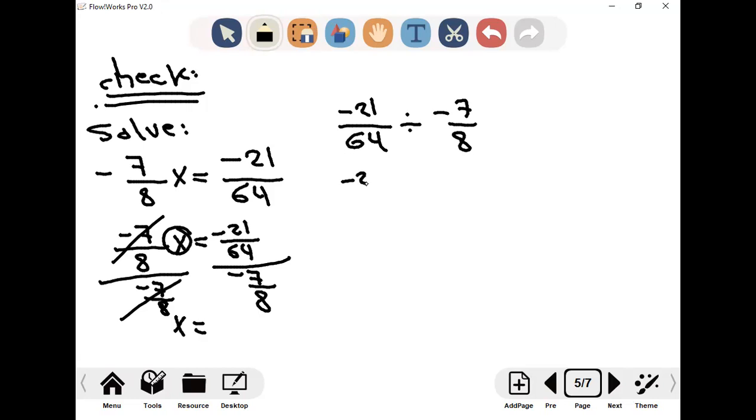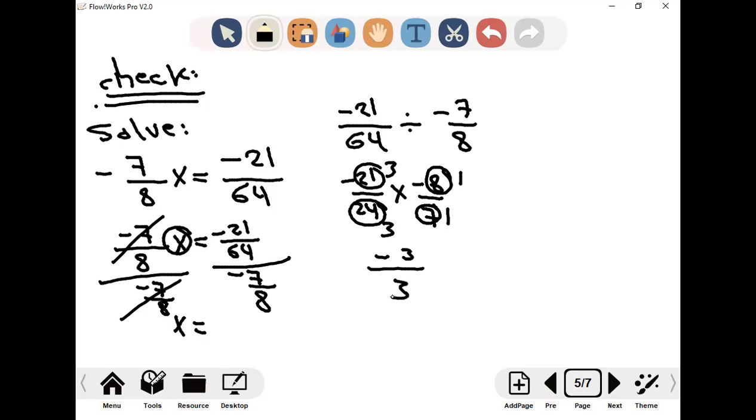The first one stays the same. The division becomes multiply, the other one switch it. Right? Yeah. Now 64 with 8. This is 1, this is 3. So negative 3 by negative 1. Negative 3 over 3 by 1.